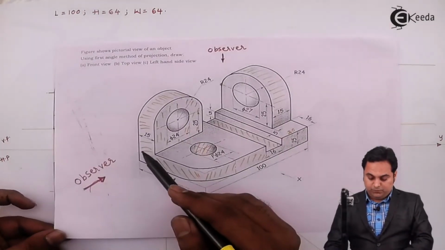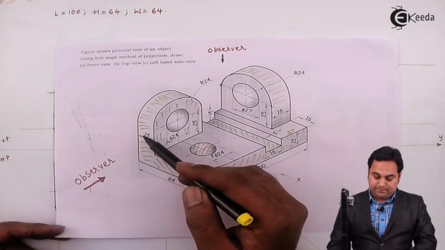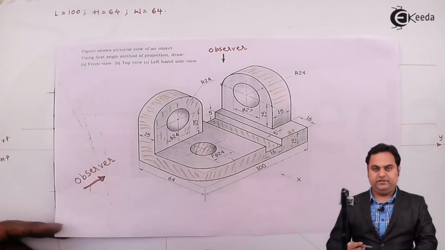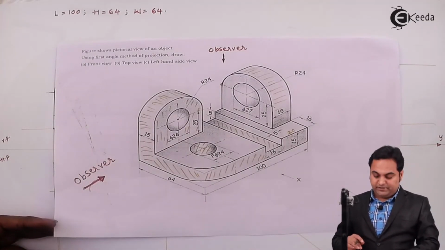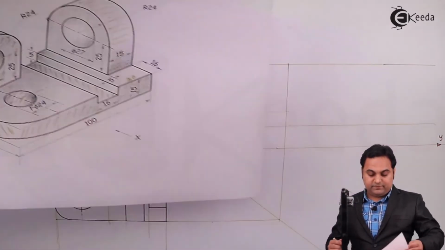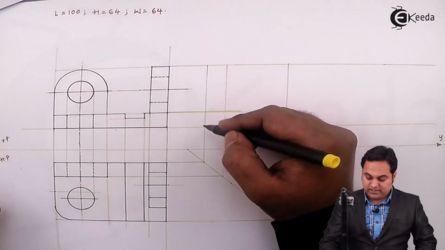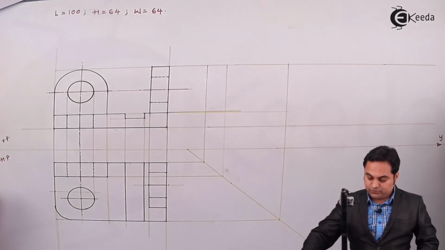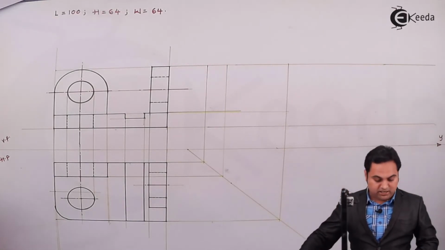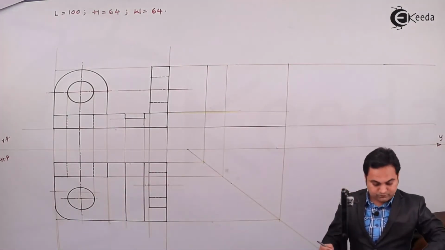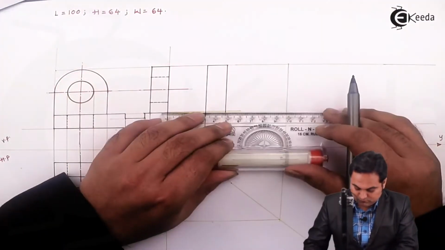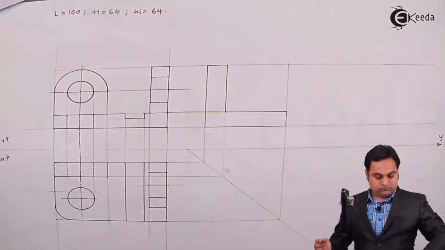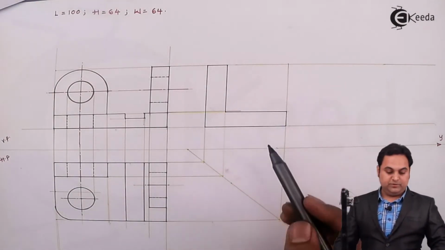Now these two plates are on the same plane, this vertical and horizontal plate, they are at the same level, so there won't be a dark line between them. It means these lines will be continuous, so I can directly make them dark. So this portion is visible.